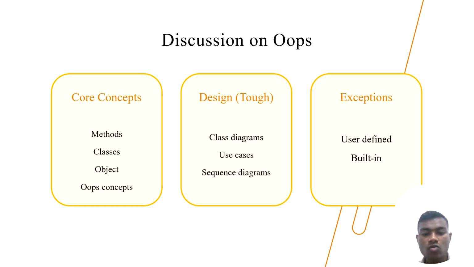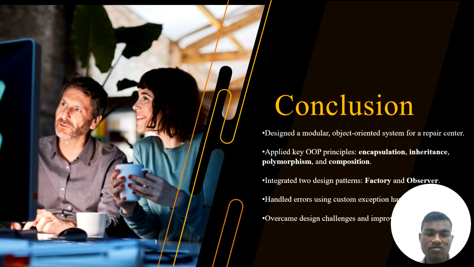I also learned how inheritance and polymorphism can simplify complex logic when applied correctly. Exception handling was another area I grew in, especially writing custom exceptions instead of relying on built-in ones. The overall assignment helped me to think more like a software engineer.